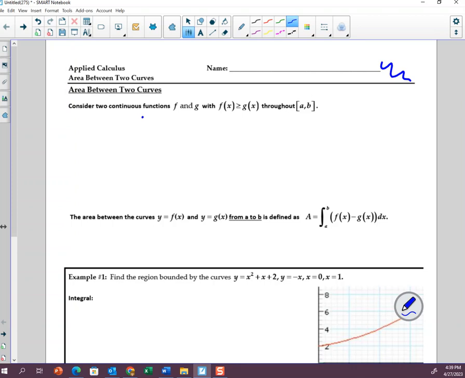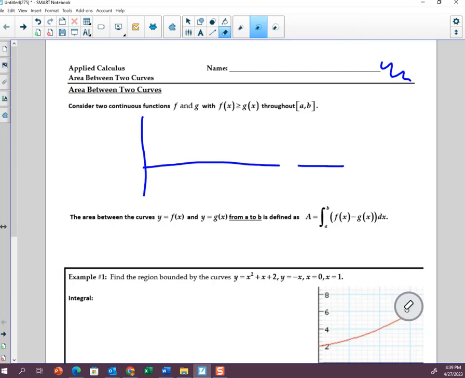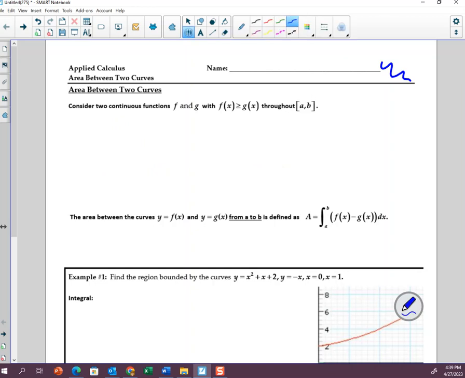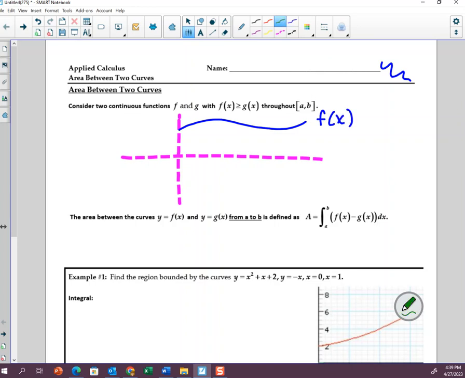But if we had, for example, two curves, okay, let me try drawing a better picture. Two curves. I should have made a graph on Desmos or something. One of our functions we'll call f, and one of our functions we'll call g. Maybe g is kind of parabola-ish. So there's g.